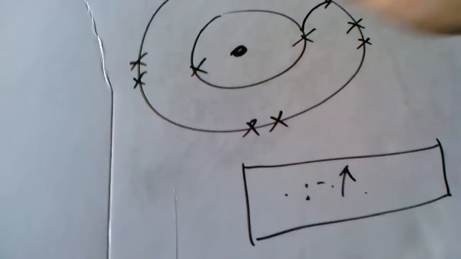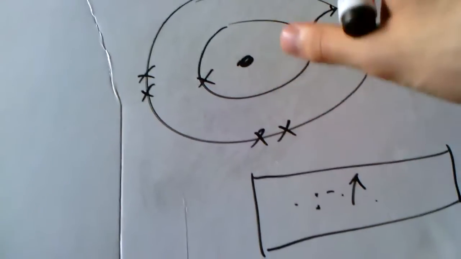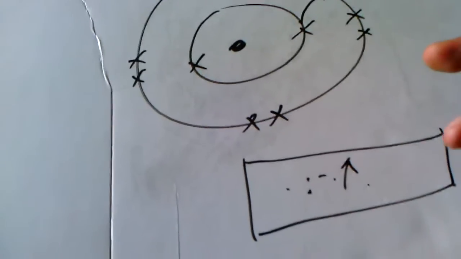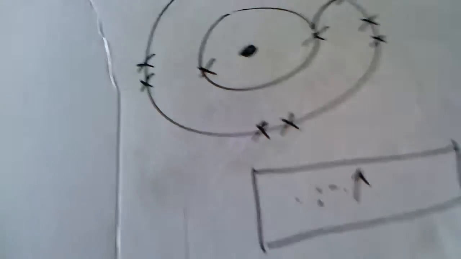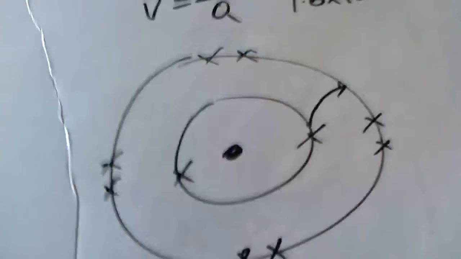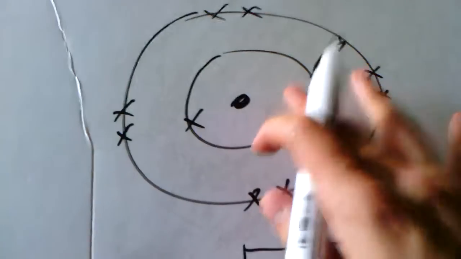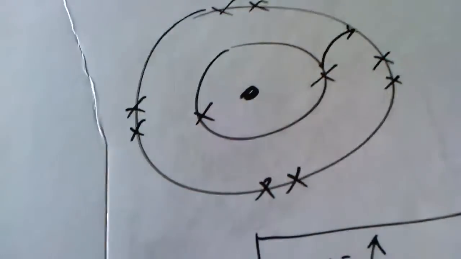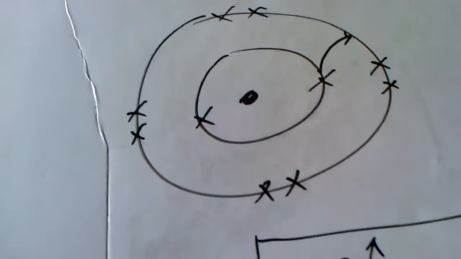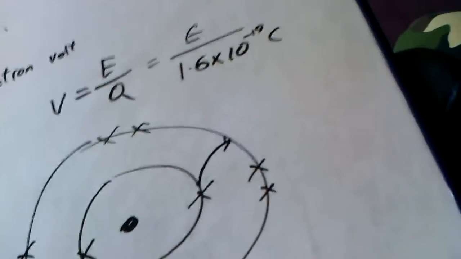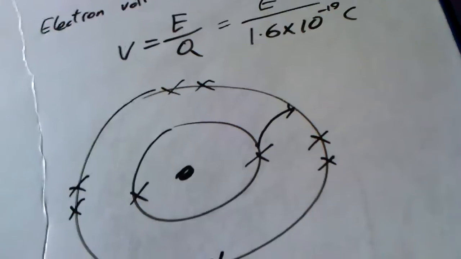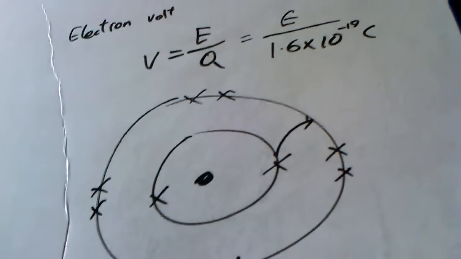So that means each element has its own line spectrum, a spectrum of wavelengths which it emits when electrons de-excite, which allows us to identify it. It's how helium was discovered, for example. So that's all very useful, and I've gone over it very briefly there.